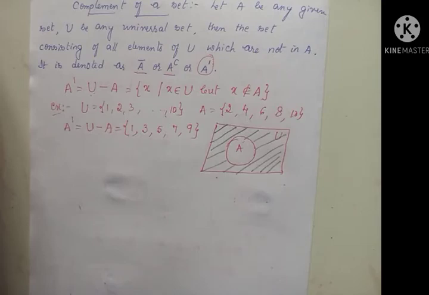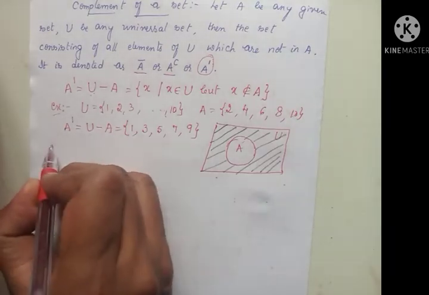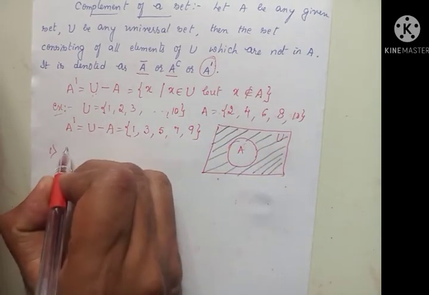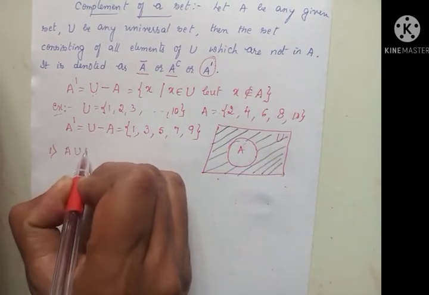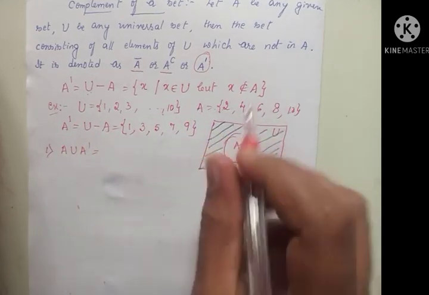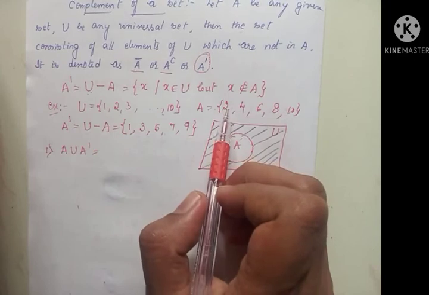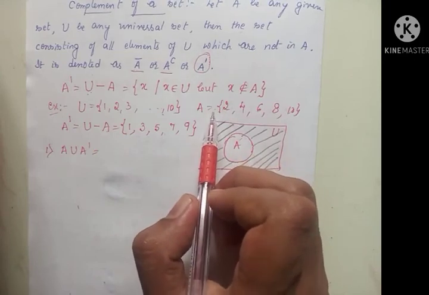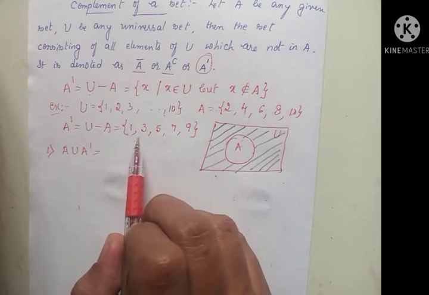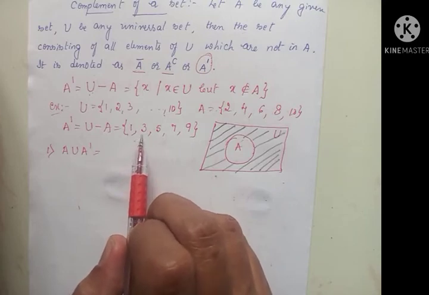Next, there are some properties here. Using this I can say, with the same example, what is A union A dash? Union of A and A dash here. Union means, you know, you have to write all the elements of A and A dash. If an element is repeated, we neglect that one.